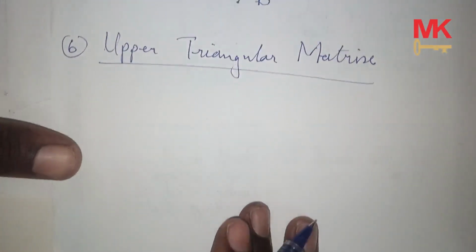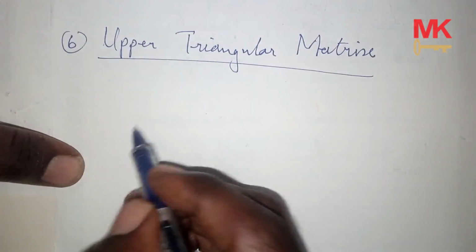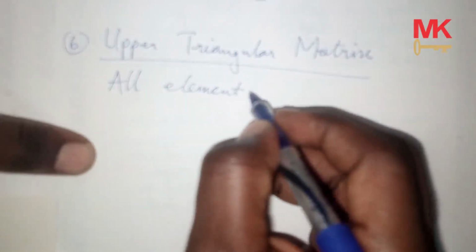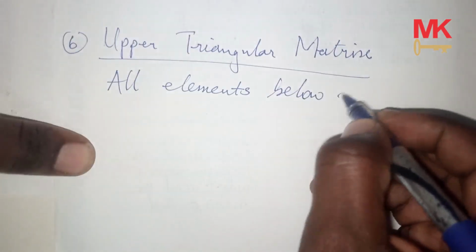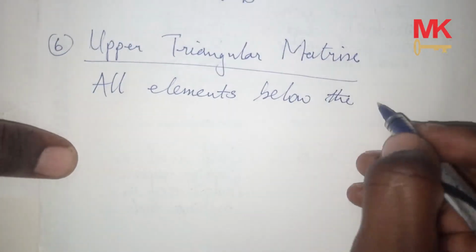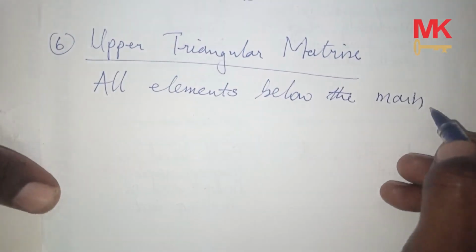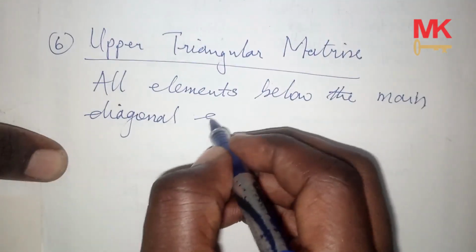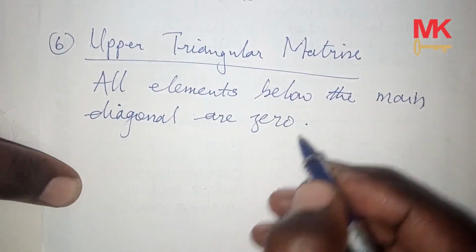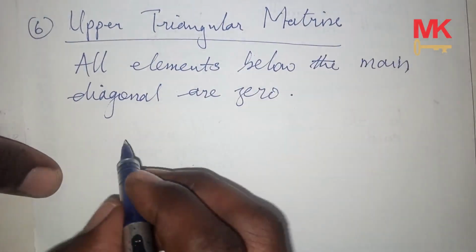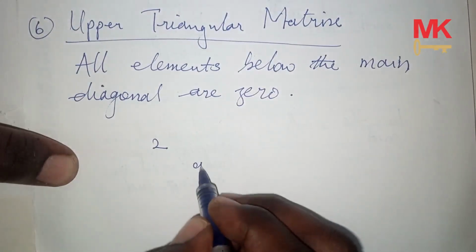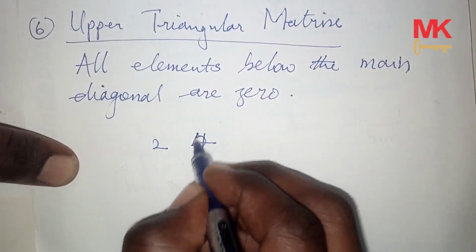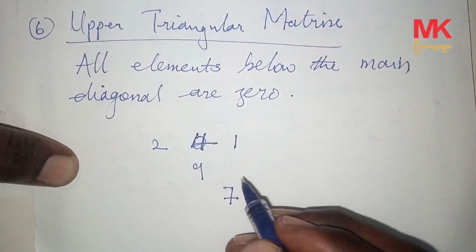It is a type of matrix in which all elements below the main diagonal are 0. For example, if you look at this, let's say 2, 9, 7, we'll have a 0 here. Sorry, 4, 1, we'll have a 2 here.